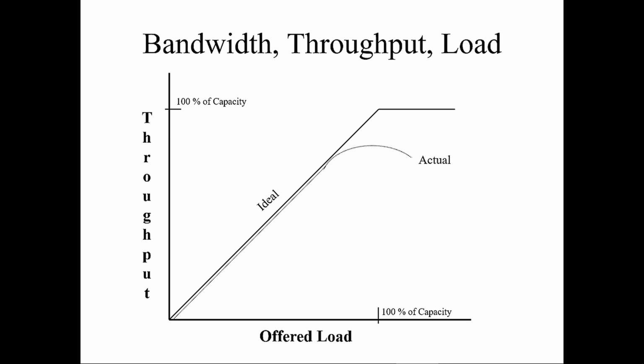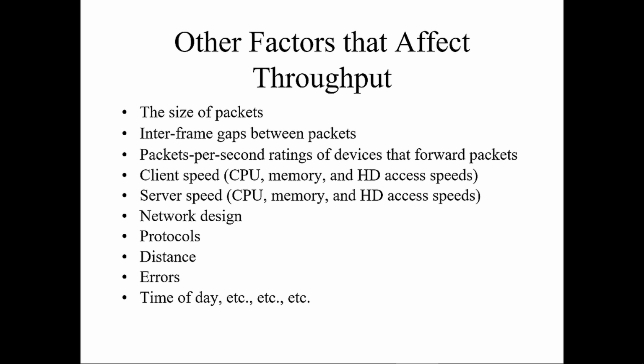And here is our bandwidth, throughput versus load diagram. So our capacity, our throughput, versus our ideal and actual. Other factors that affect throughput could be the size of the actual packet. Are we talking about a regular size 1500 byte packet? Are we talking about a jumbo packet?